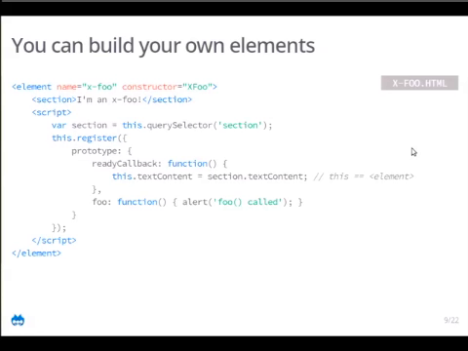In the future, where the element tag is a part of the standard, you won't need that. And so you would use this tag by simply saying, like in your tag, angle bracket xfoo, and then you can use this custom field anywhere in your site.